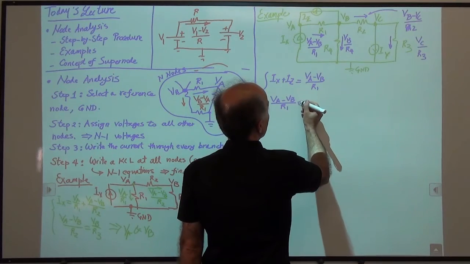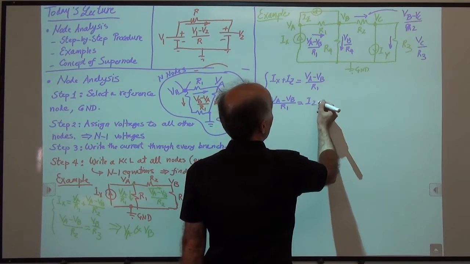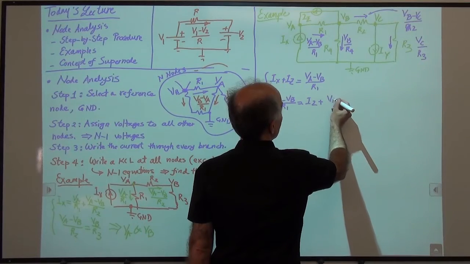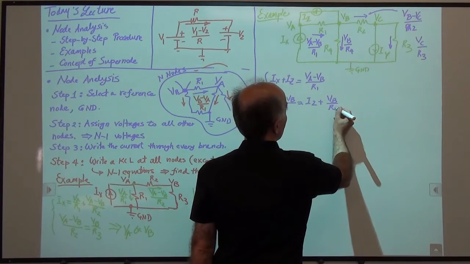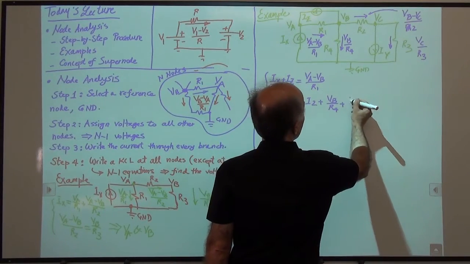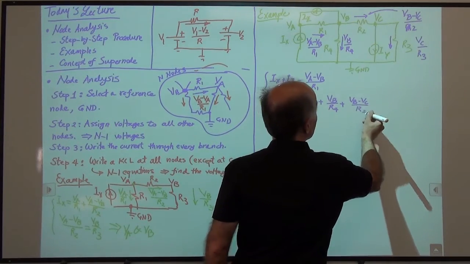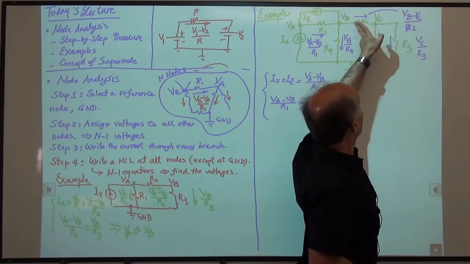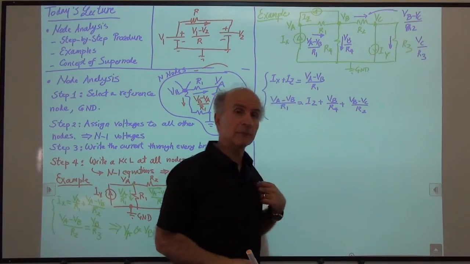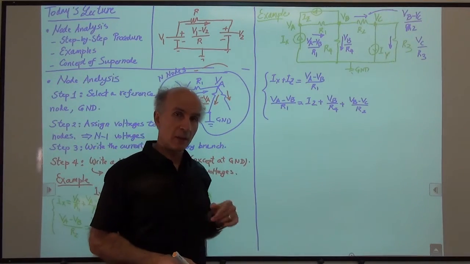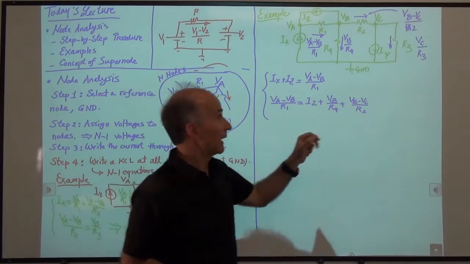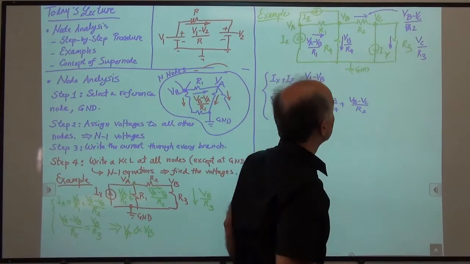That would be equal to IZ plus VB over R4 plus VB minus VC over R2. This one, that's the current going from this side to this side. All right, 2 equations.